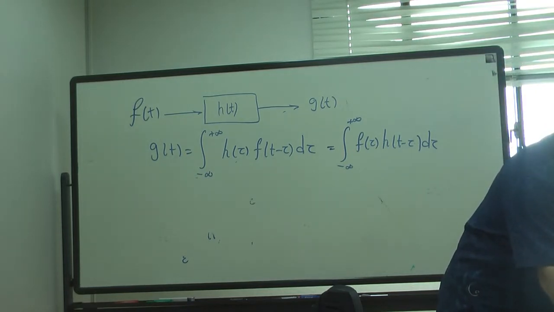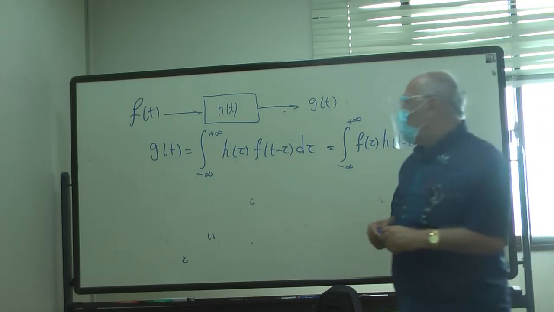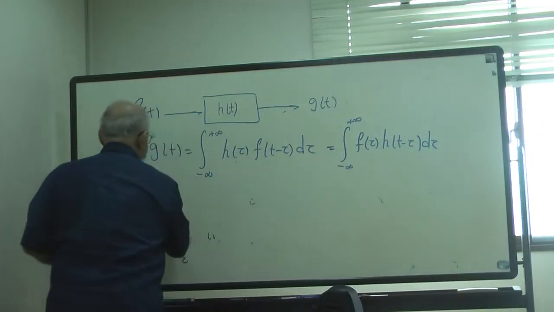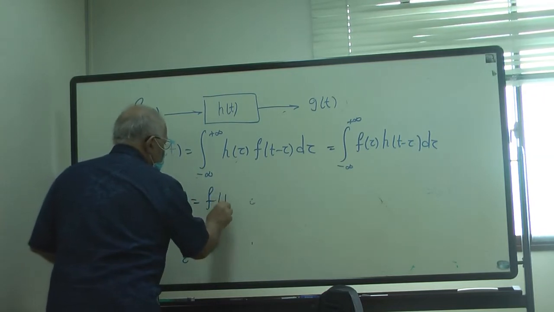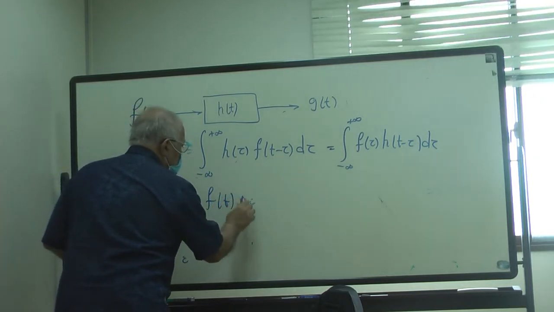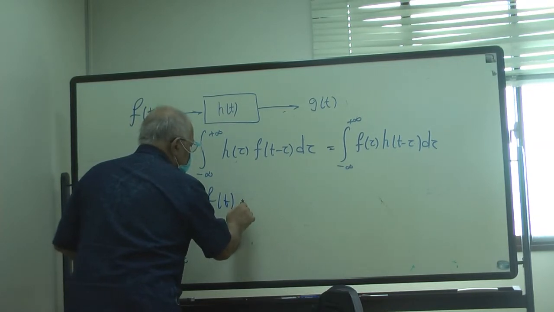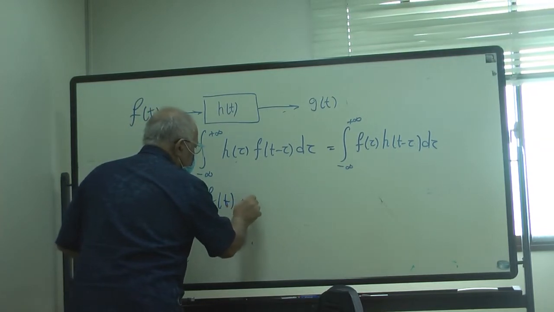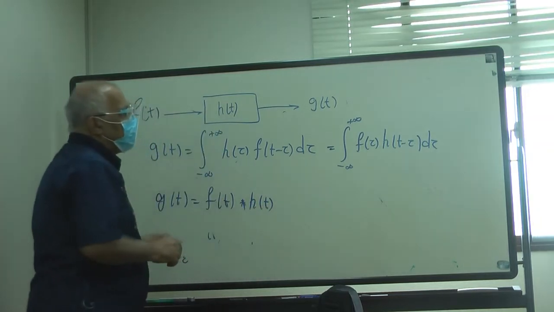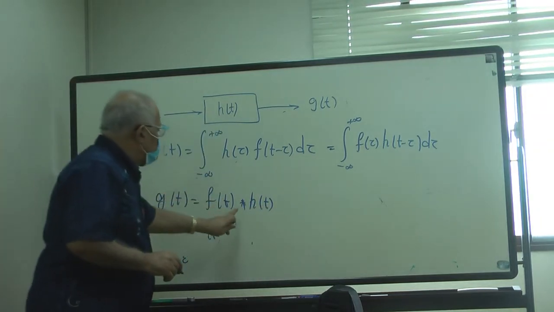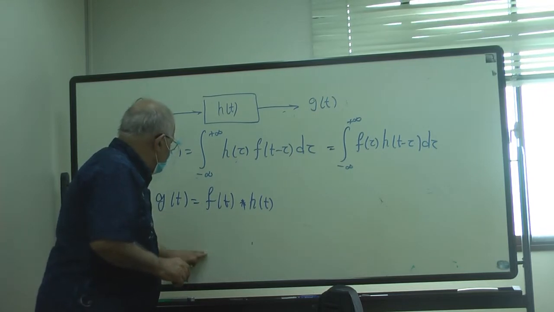Another form that we write: g(t) is f(t) star h(t), or on the other side you can write h(t) asterisk f(t).